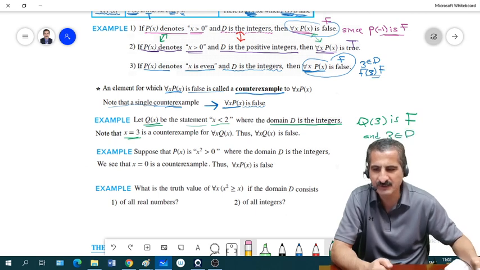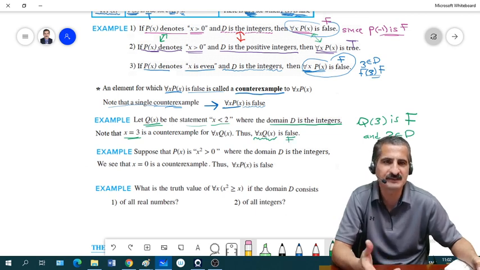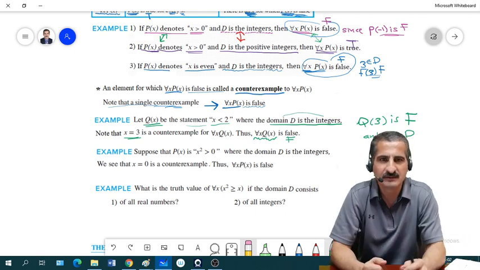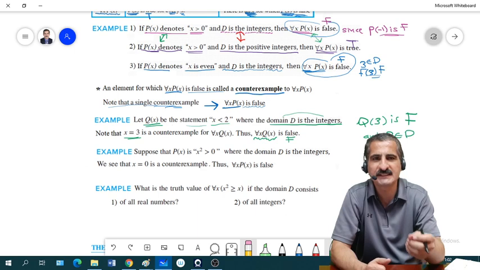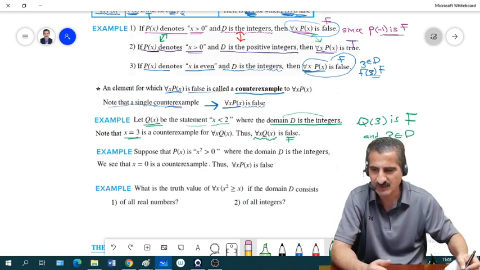And that makes for every x, q of x a false statement, because this is not true for every x in the domain of integers. 3 is an element in that domain, and it does not satisfy q of x. It makes q of x false. So x equals 3 is a counterexample.